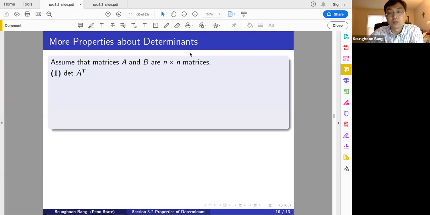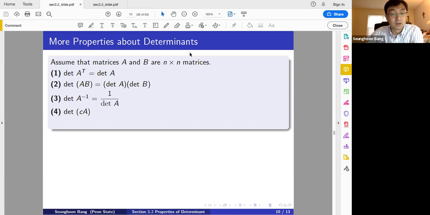The determinant of the transpose of A is the same as the determinant of A. The determinant of A times B is the determinant of A times the determinant of B. The determinant of the inverse of A is 1 over the determinant of A. The determinant of a constant C times A is C to the power N, where N is exactly the number of rows. The determinant of A to the power R is the determinant of A, with the power R outside.